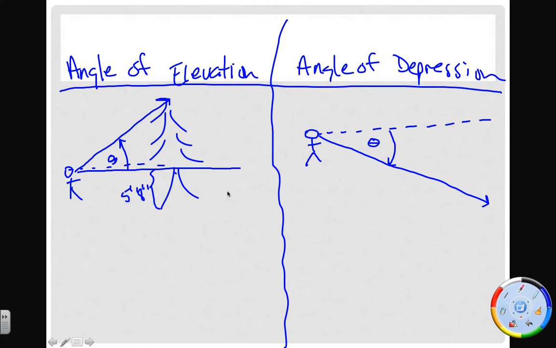Angle of elevation would be like standing at the ground and looking up at something, whereas angle of depression would be standing on top of something and looking down. There are different areas where this is going to get used, and you'll see them in these examples that we are working on for 4.8.